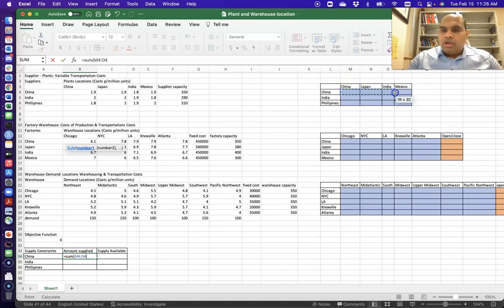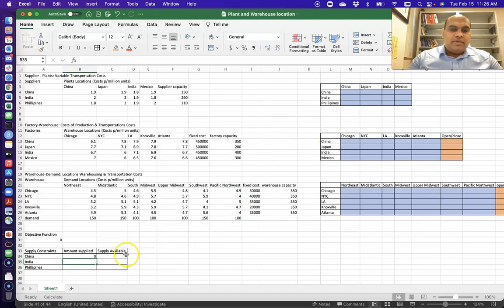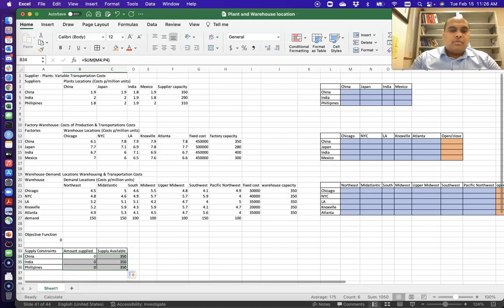But this is the total units that are supplied by your Chinese supplier to the Chinese plant location, the Japanese, Indian, and Mexico plant locations. That's the total amount supplied. And the supply that's available is the supplier capacity. There you go. Once we have that, I'm just going to copy my constraints over. So this was a simple example where you could copy the constraints over.